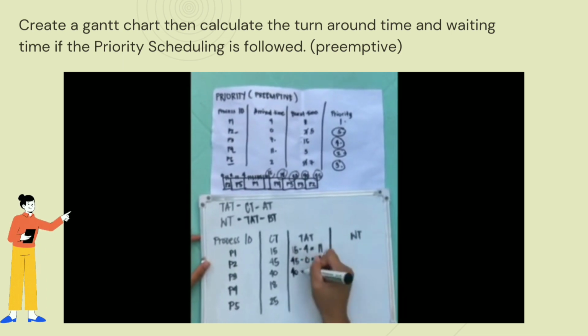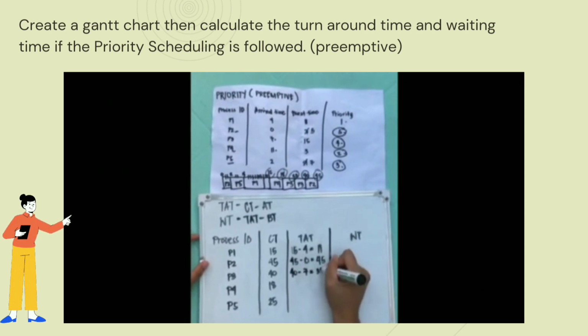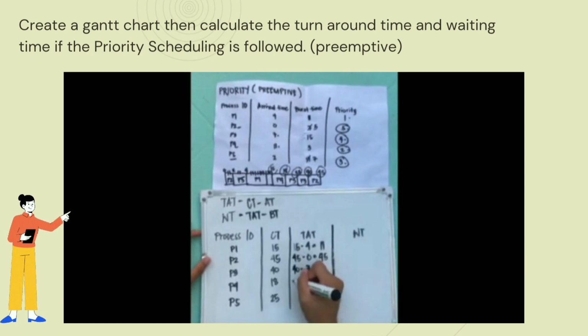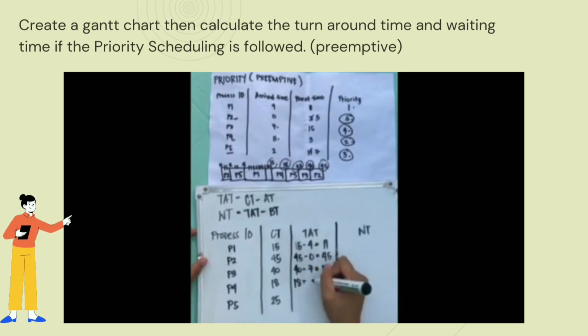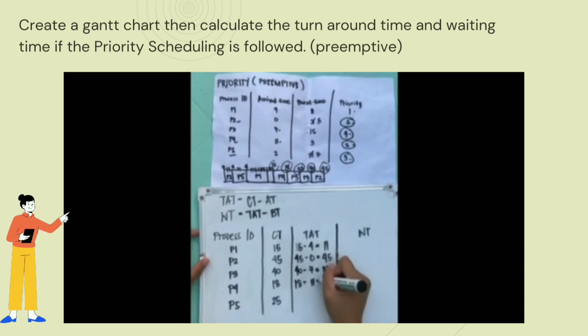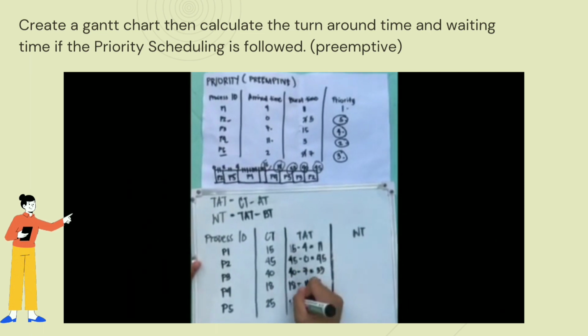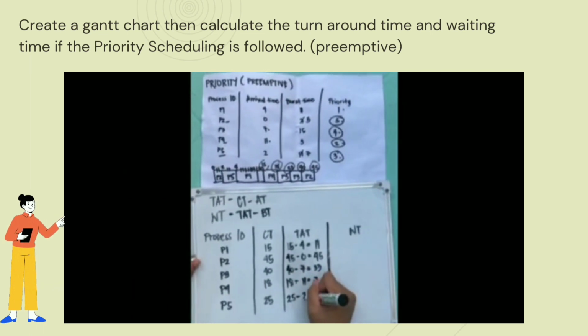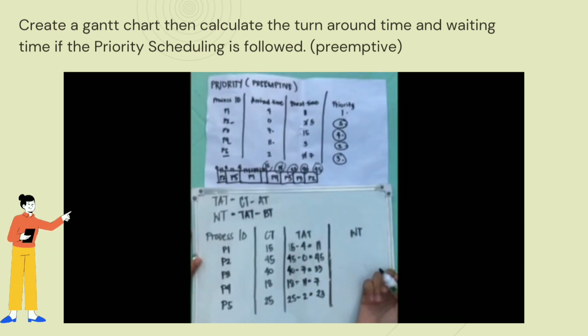Next is 40, i-minus natin sa 7 equals to 33. Next is sa P4, 18 minus 11 equals to 7. So, last si P5, 25 minus 2 is 23.